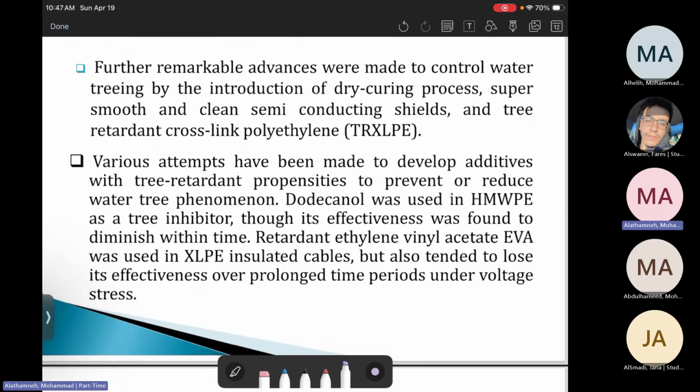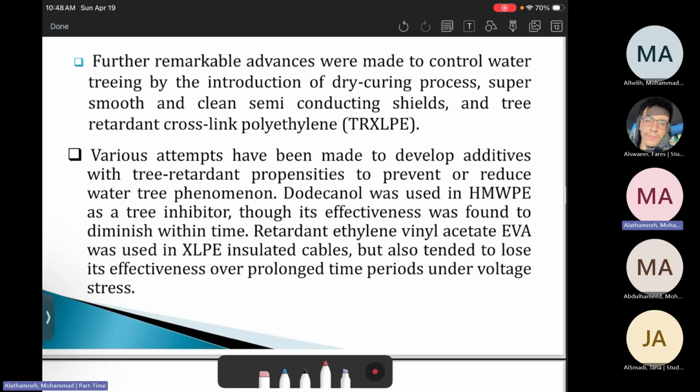Various attempts have been made to develop additives with tree retardant properties to prevent or reduce the water tree phenomenon. Then it was like a water tree inhibitor, but the effects of it can diminish with time.